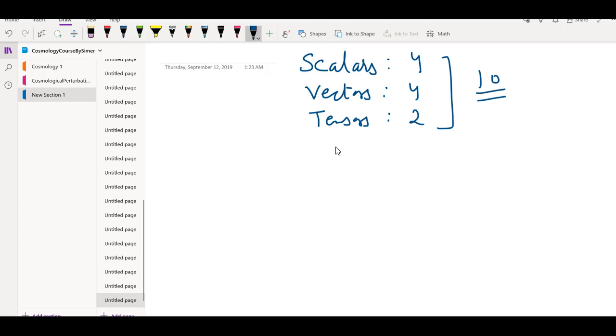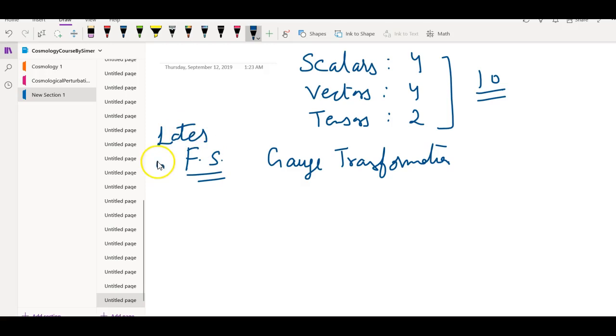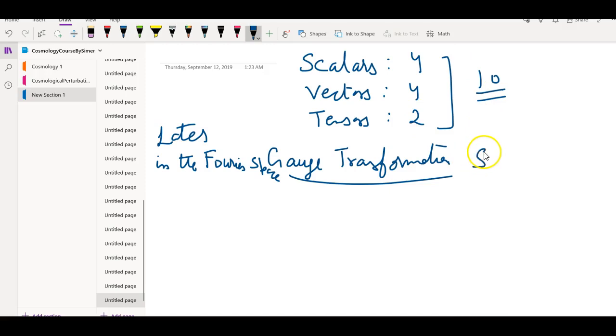Now, when we look at this in Fourier space, when we apply gauge transformation later, we will see that out of these 4 plus 4 plus 2, 2 scalars can be set to 0 in the gauge transformation.